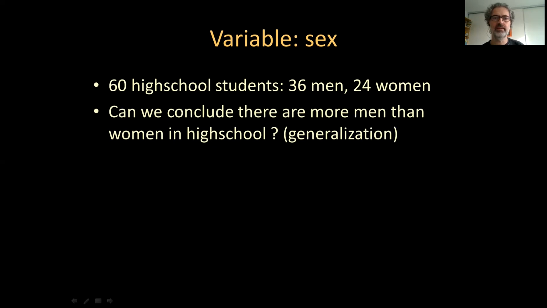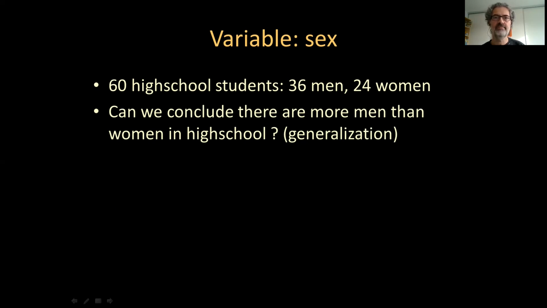Can we generalize to the relevant population? I'm asking this from a statistics viewpoint, not from a methods viewpoint. So let's ignore the sampling problem now and just look at the proportions. Is 36 versus 24 sufficient evidence to say that there are probably more men than women in this high school in general? This is the question.